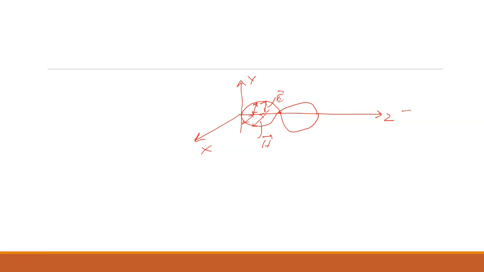A uniform plane wave propagating in z direction has no z components of E and H. That is, we will prove here Ez equals 0 and Hz equals 0, because overall the wave is moving along the z direction.